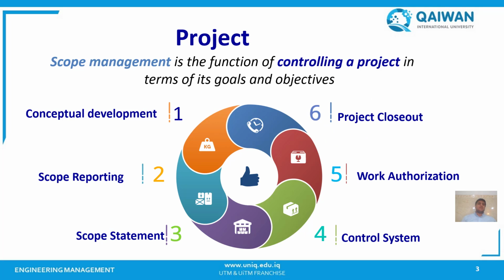Work authorization grants permission to start or proceed with specific project activities. The project control system monitors, measures and adjusts the project activities to ensure alignment with the goals and objectives. Here we can address the deviations or issues that may arise.